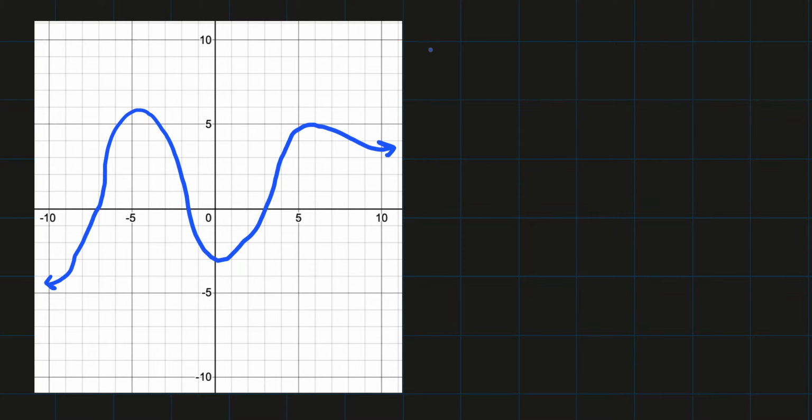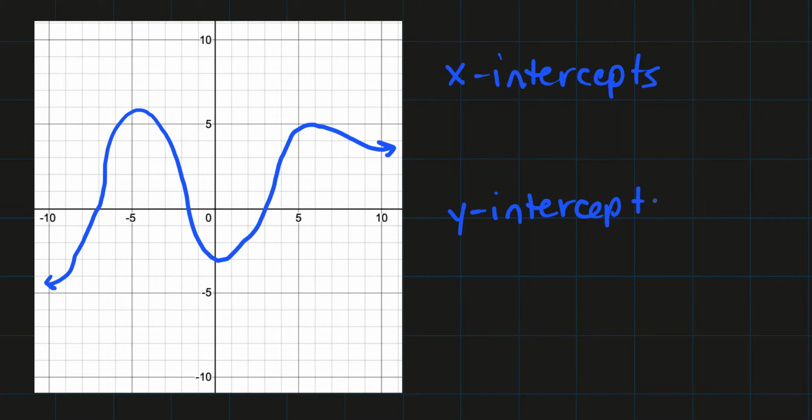Okay, so here's some graph of some function, or a graph of an equation, and I want to know what are the x-intercepts and the y-intercepts, at least from what you can see. And how many are there?